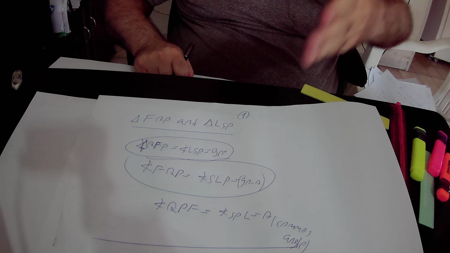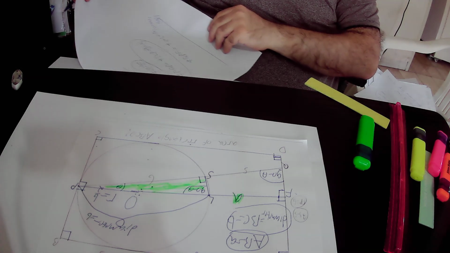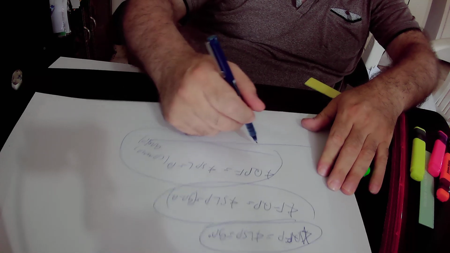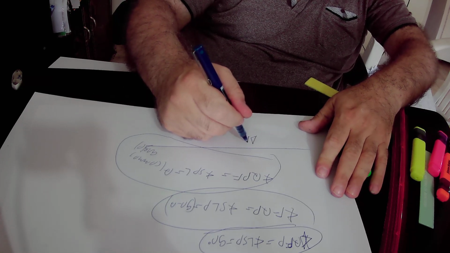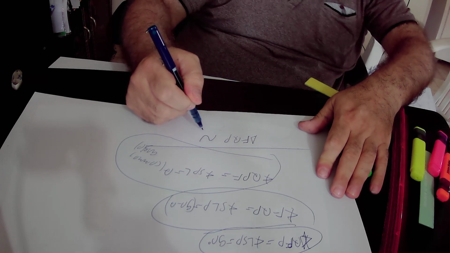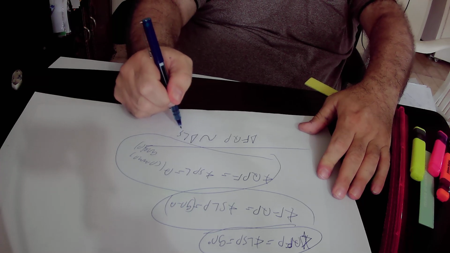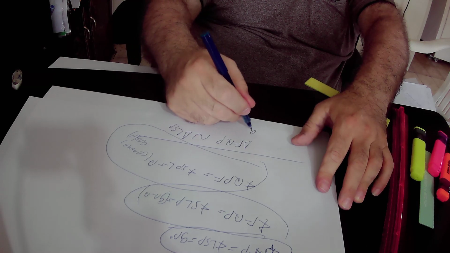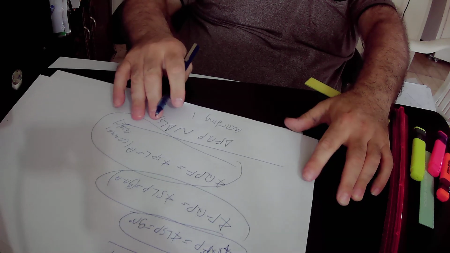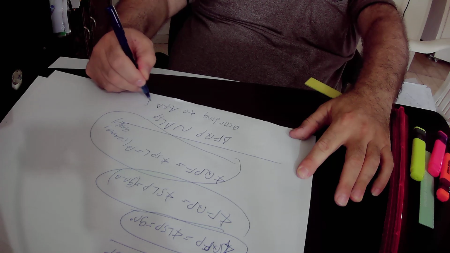So actually, we proved that the big right triangle FQP is similar, this is the sign of similar, to the small green right triangle LSP, according to the angle similarity rule.